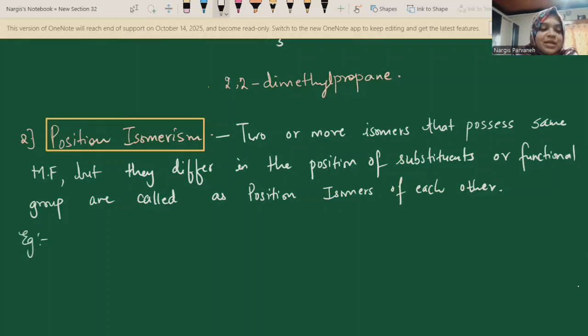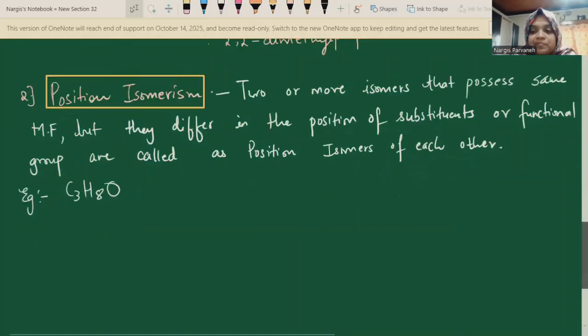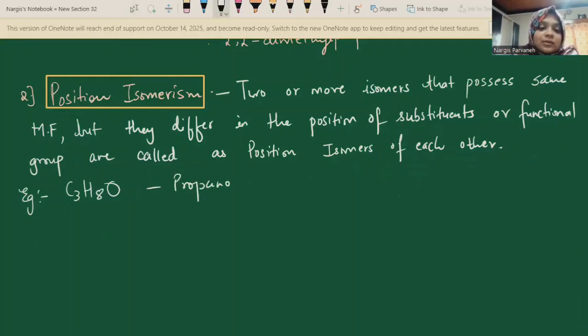Example, we are going to see the example C3H8O. Now C3H8O is a molecular formula of propanol. If you check propanol, let's check it out. Okay, 1, 2, 3. First position, I'm putting OH. Remaining I'll be putting hydrogens. Let us check.